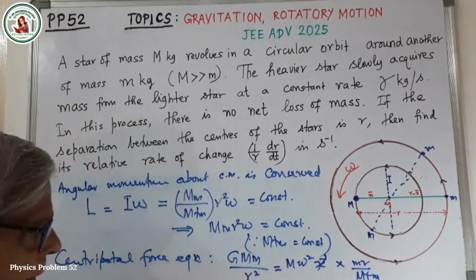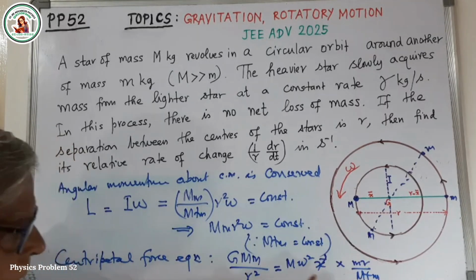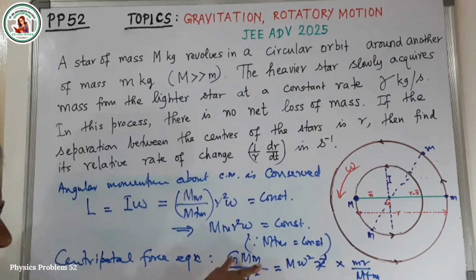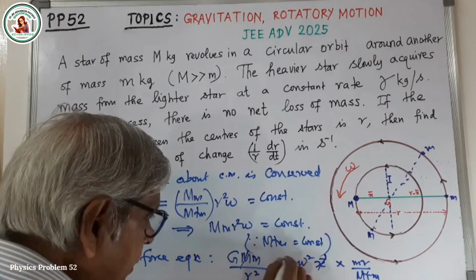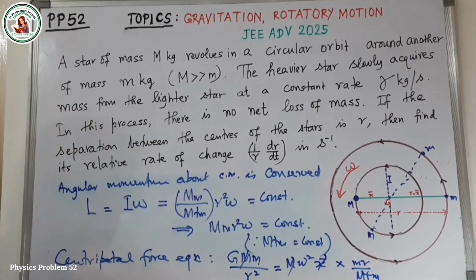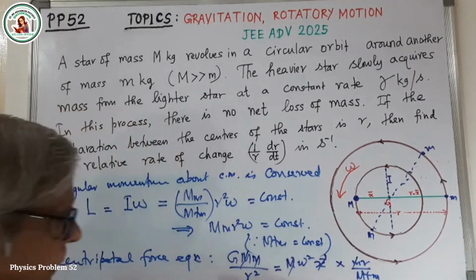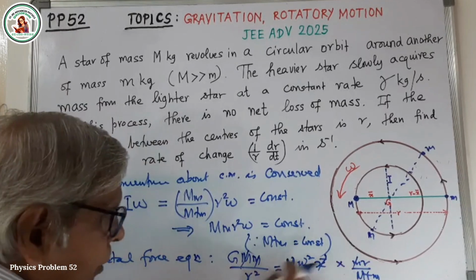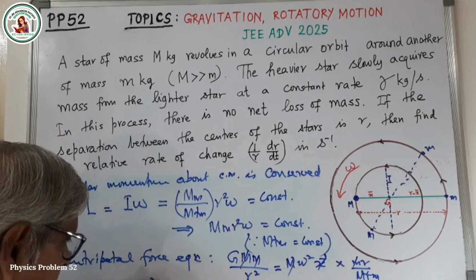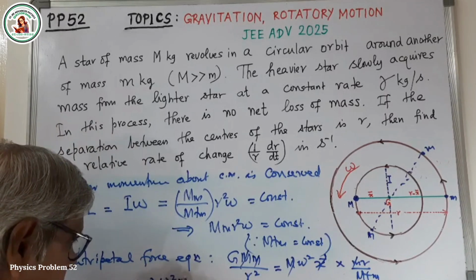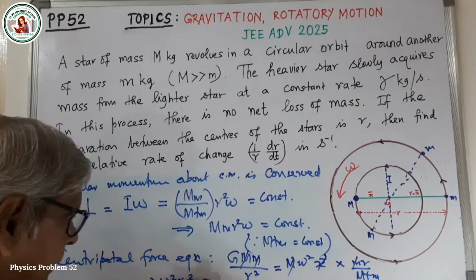All other quantities are constant: since M plus m is constant, G is constant, and the m you can cancel, this m also you can cancel. So what is left is omega square r cube. This being constant implies omega square r cube is a constant.